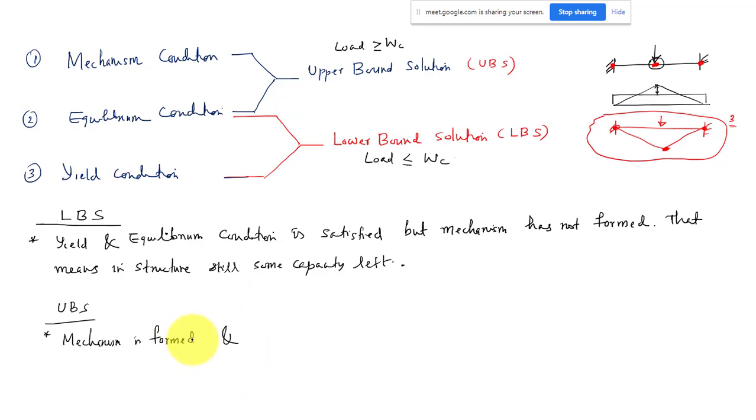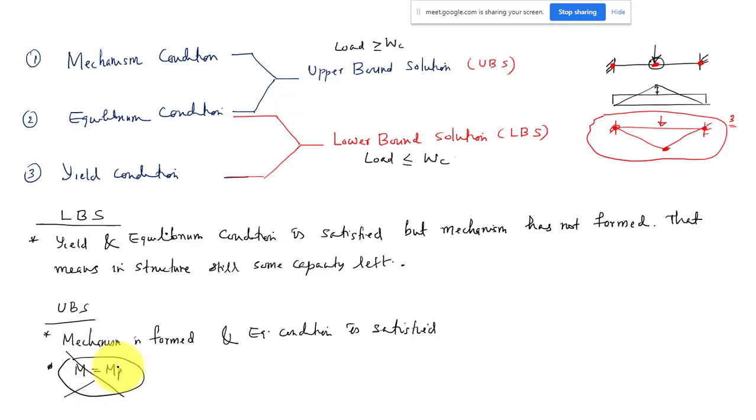Okay, the mechanism is already formed in the upper bound solution, and the equilibrium condition, anyway, has to be satisfied. So that is a common condition for both upper bound and lower bound solution. But as per the yield condition, your moment should be equal to Mp. That is your yield condition, indicating M is equal to Mp.